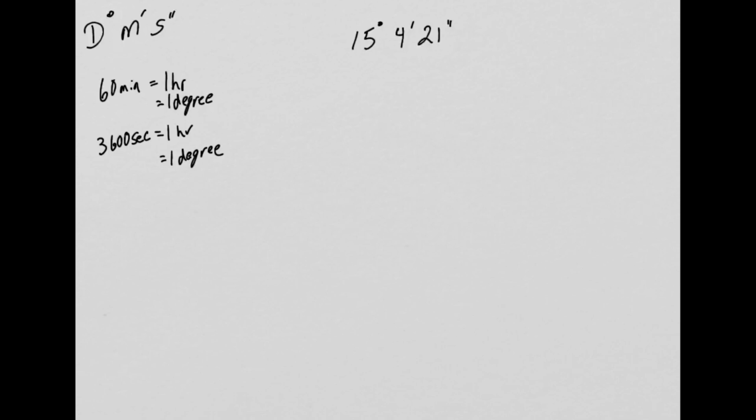So what we're going to do is, well, my degree is my degree, so I'm going to do 15 plus, well, 4 minutes. There are 60 minutes in 1 degree, so I'm going to do 4 over 60. Then I'm going to add in my seconds, and this is 21 over 3,600.